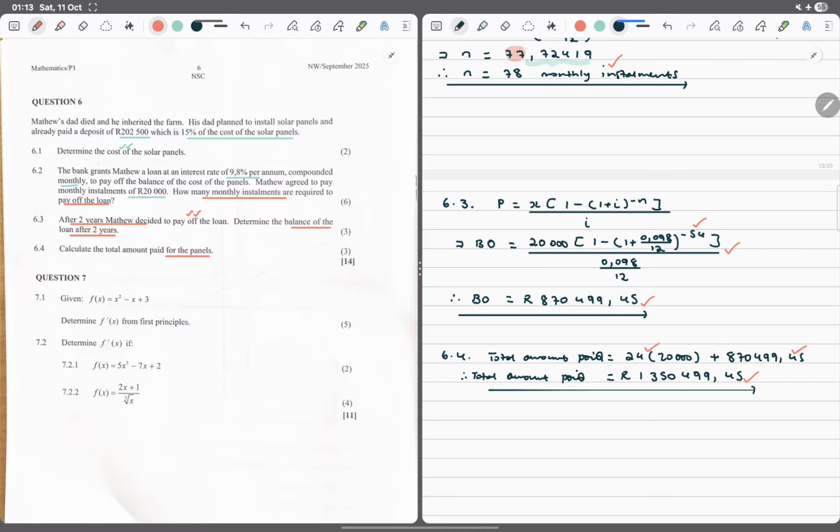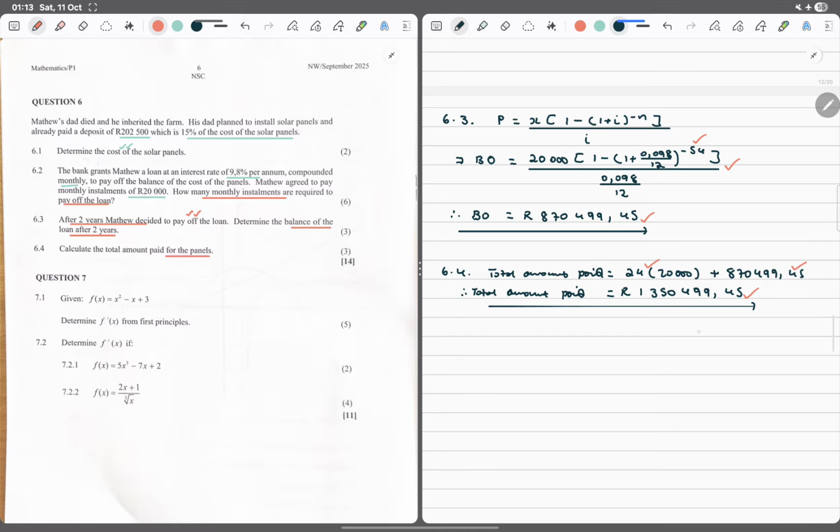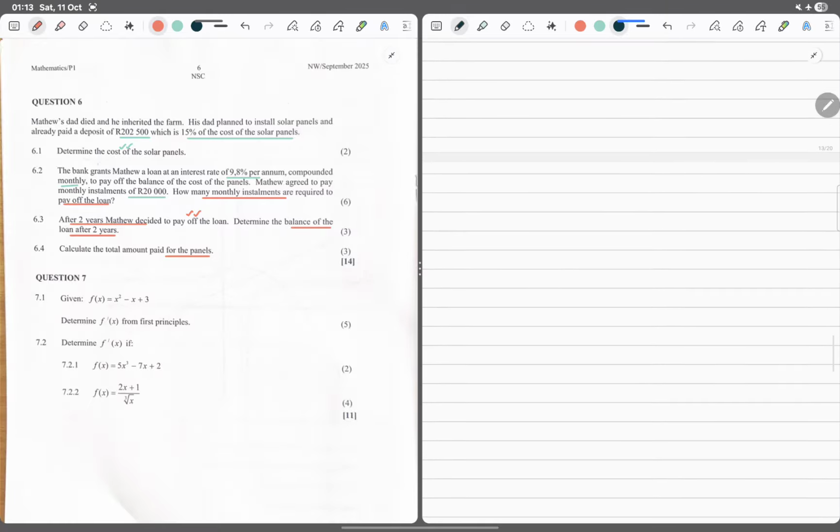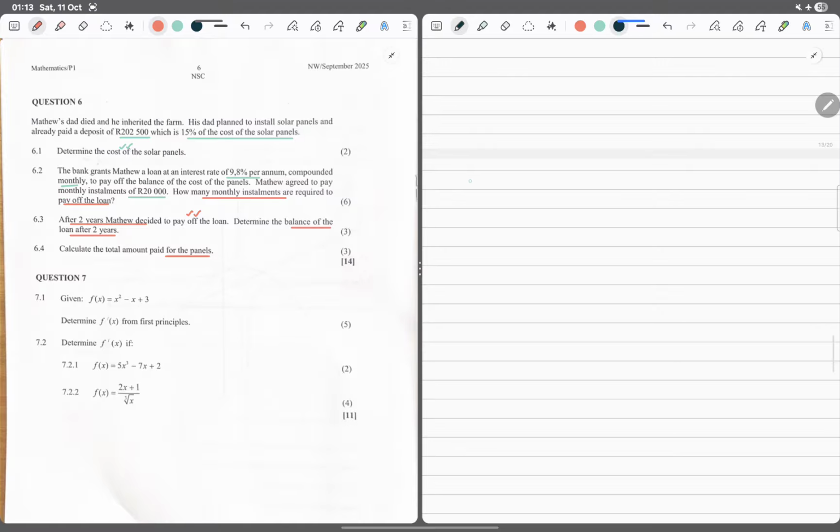So this is otherwise an easy 14 marks. Okay, easy peasy lemon squeezy. Okay, let's do differential calculus now. This is where students can score easy marks effortlessly here.